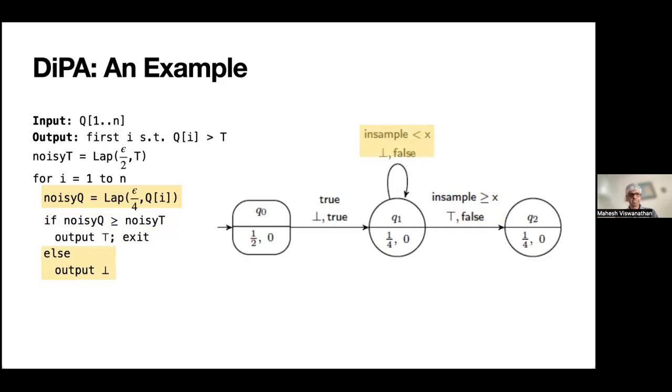Any questions? Hello, sir. I have one question. What is true and false? Oh, true and false. There are three components to the transition. The first component is the guard that tells you when the transition can be taken. The second component is the output produced.